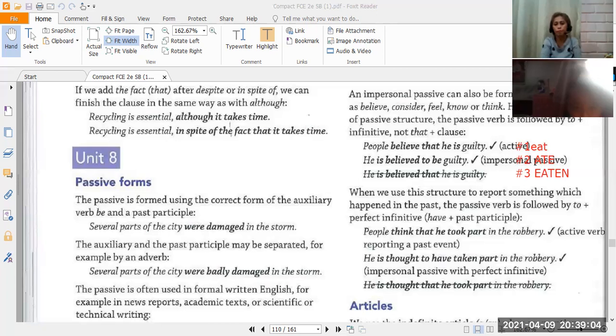Countable nouns can be singular or plural, so there's a lot to think about, and it really affects how you use articles. If a noun is singular and countable, then you can use the indefinite article, a or an. The definite article, the, can be used with countable or uncountable nouns.